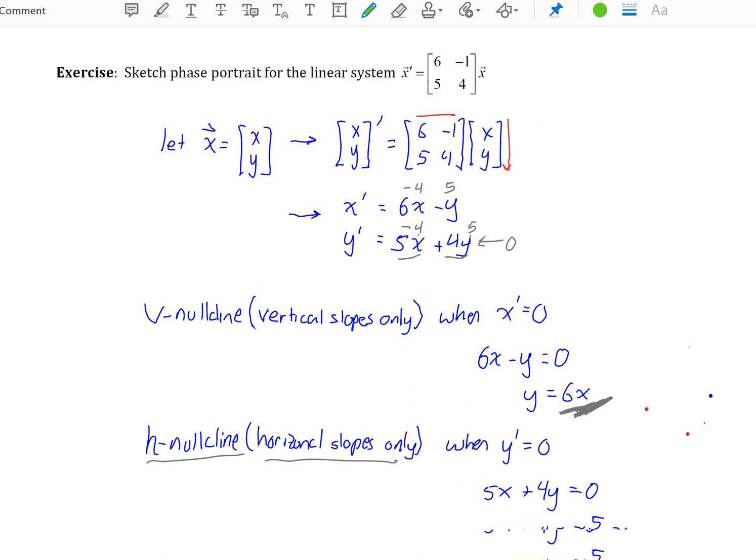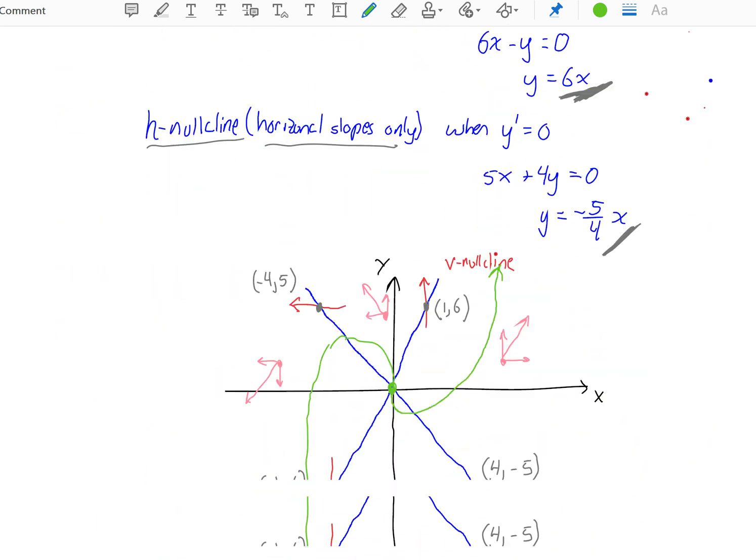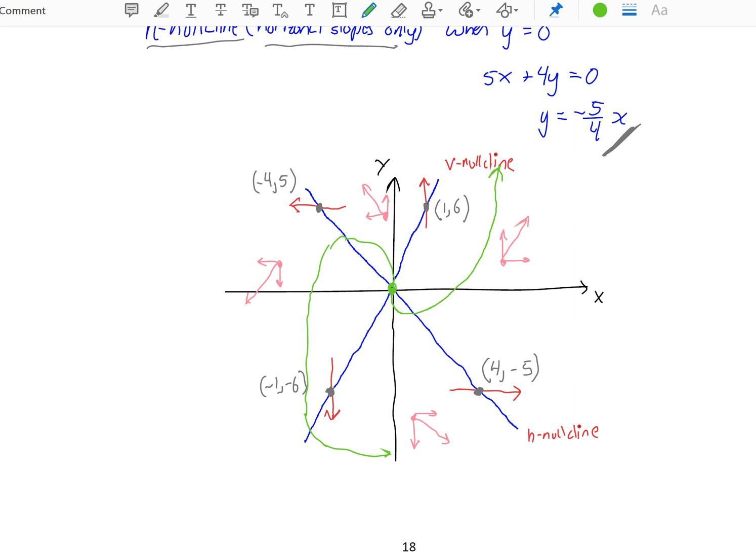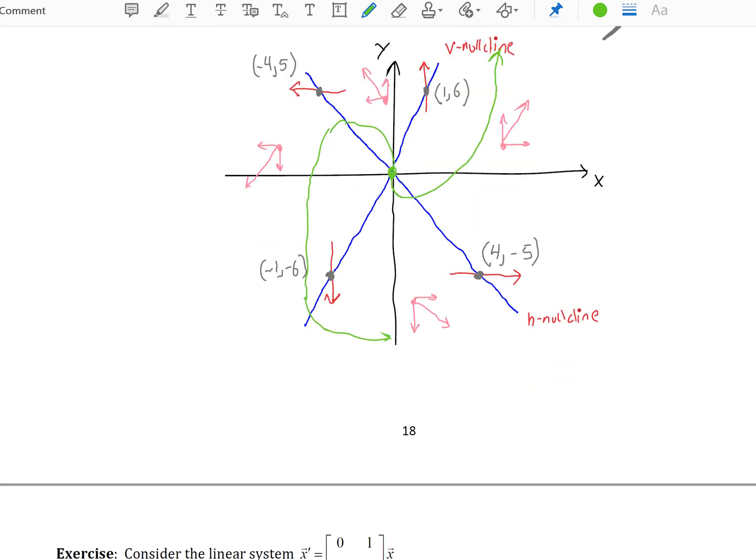And our phase portrait looked like this. We saw spirals emanating from the origin, growing in size because of our exponent e to the 5t. And we drew our null lines to determine the direction of movement of our solutions. So now I'd like to continue with this and look at a couple more examples.